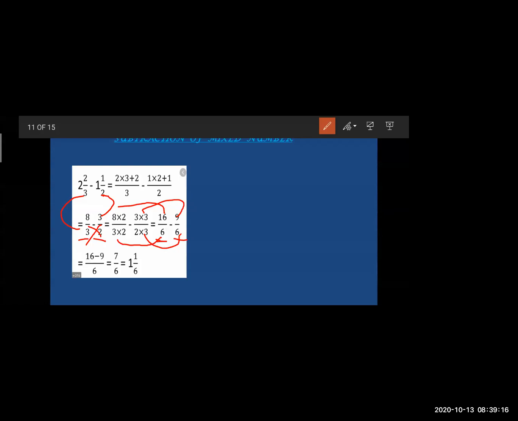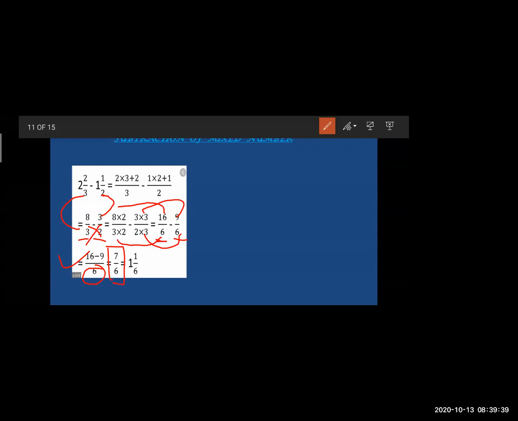So here now I have an equal denominator, 6, 6. Now I can subtract 16 minus 9, and the denominator is common for both of them. 16 minus 9 will give you 7, 7 upon 6.